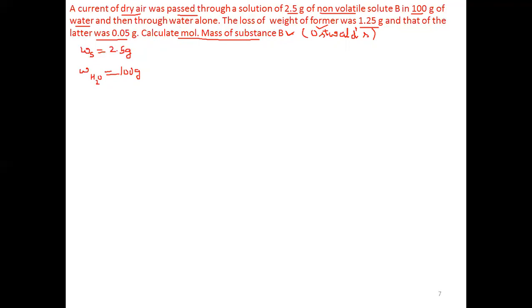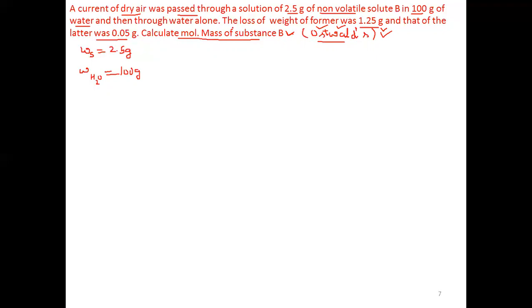If you remember Ostwald's method, it contains first some bulbs with the solution, then three bulbs with the pure solvent, and we pass dry air. You can refer to my lecture on relative lowering of vapor pressure to see the construction of Ostwald's method. I will provide the link in the description section.